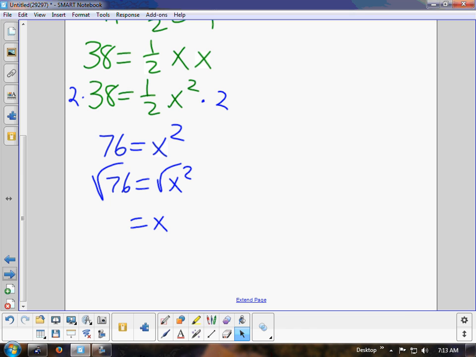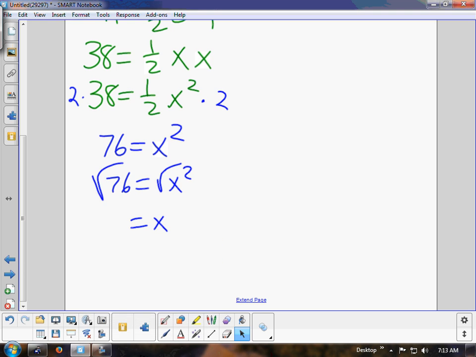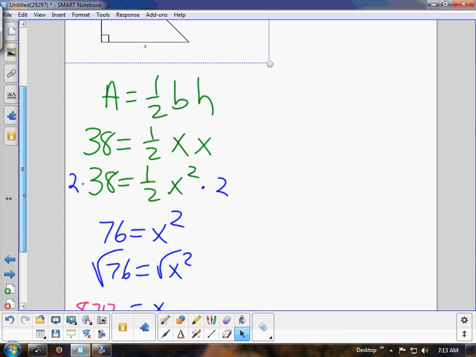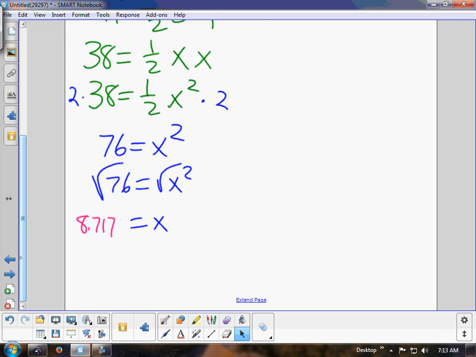And I'll go to the calculator and see. Let me check my math first. 2 times 38 is 76. The square root of 76 is 8.717. Okay, and does it say to round to the nearest tenth? The tenth place is here, so that would be 8.7.